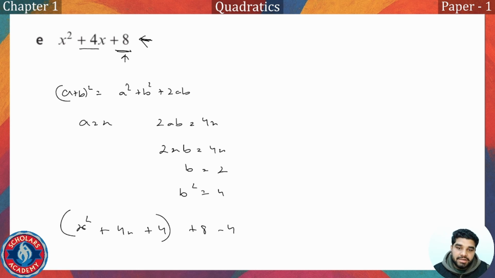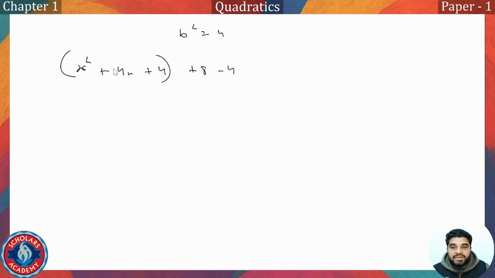We are not changing the equation. We are just changing the form, right? So if we do this, we get (x + 2) whole square, and over here we get plus 4. That's all.